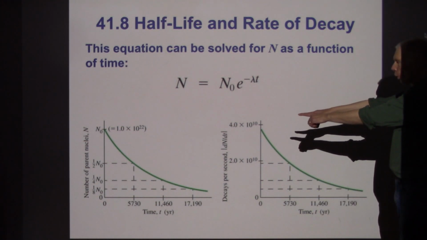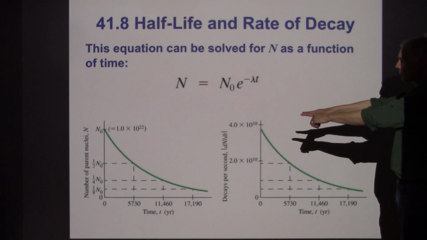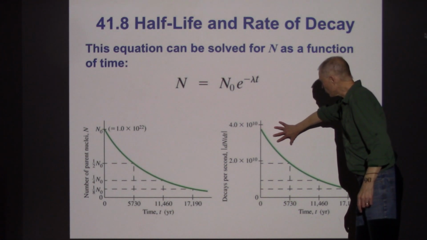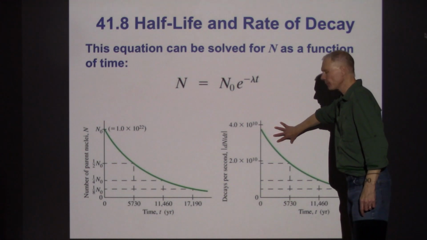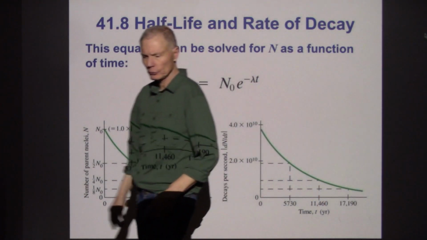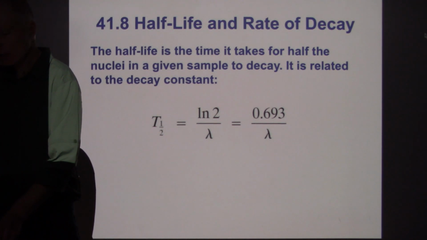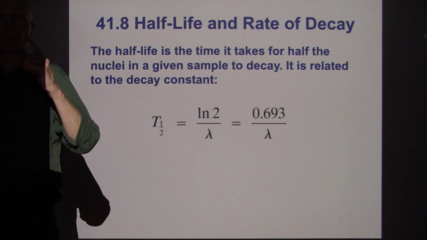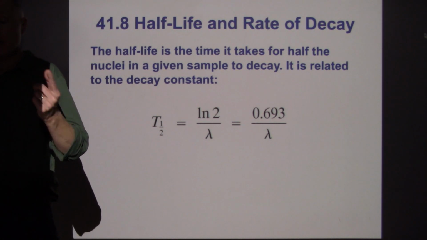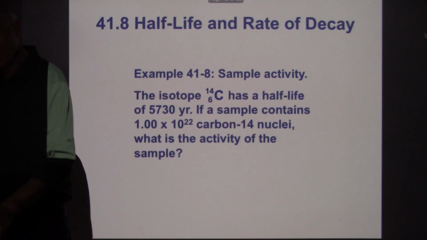So not only do the numbers drop off exponentially, but the rate at which the decay is happening also drops off exponentially with the same factor. And here is that formula showing how to convert back and forth between half-life and decay constants.